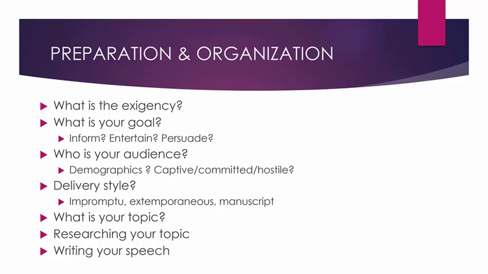So let's say you support contraception, right? So you support the right to birth control. And you are going to try and give a speech convincing very conservative religious groups that everyone should have access to birth control. You are going to be talking to a hostile audience because what you're talking about goes against their views. Right? And so it's going to be very, very difficult to put them on your side.